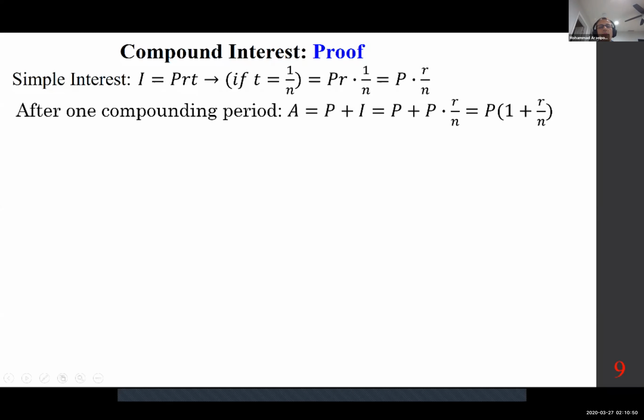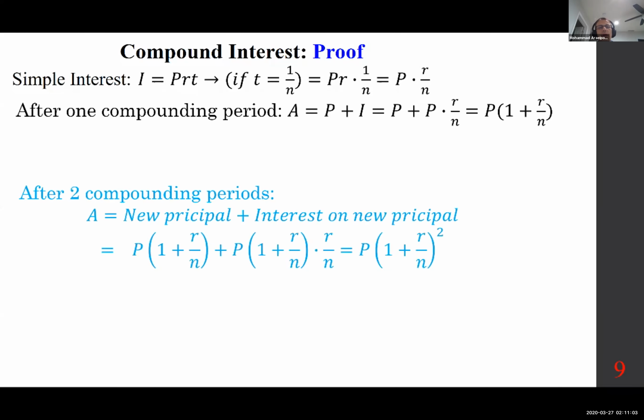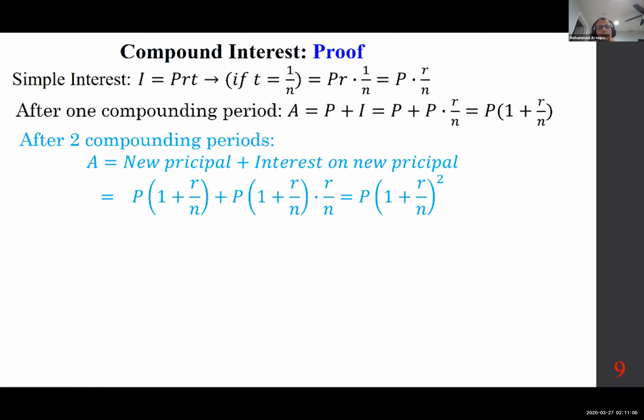So the next time, we look at the amount, which is the combination of the principal and the interest. We add them up, we factor out the P. And after the second compounding, we have a new principal, that we got before, and the interest on the new principal. What was the new principal? Okay, this one.